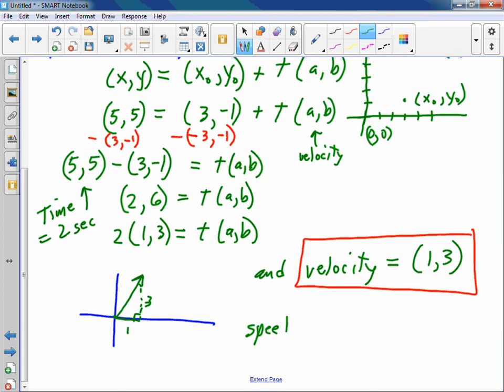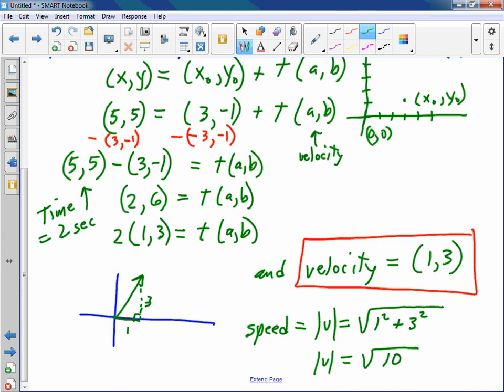Speed equals the absolute value of velocity. It doesn't have direction, only magnitude. And so in this case, it equals the square root of 1 squared plus 3 squared. Look familiar? Yeah, good old Pythagorean theorem. So speed equals the square root of, what is that?